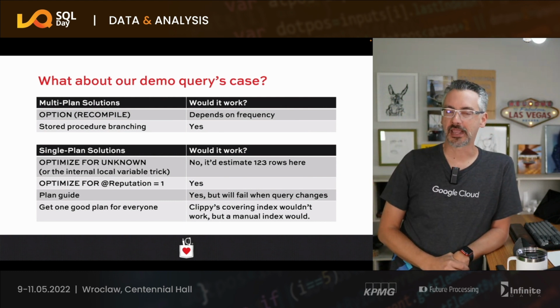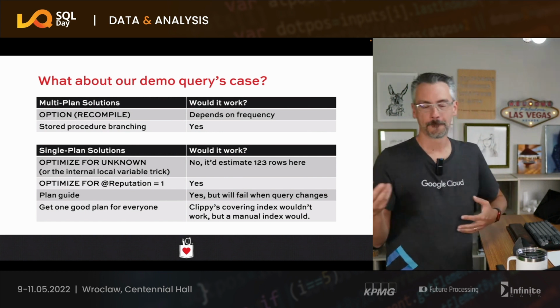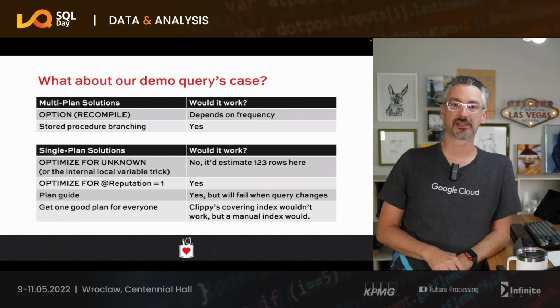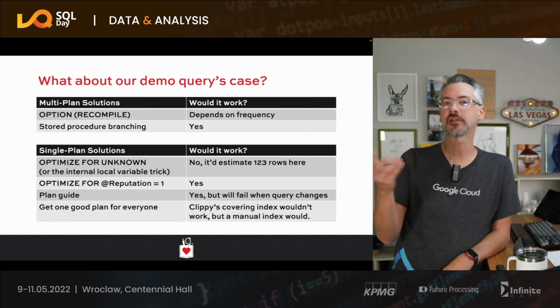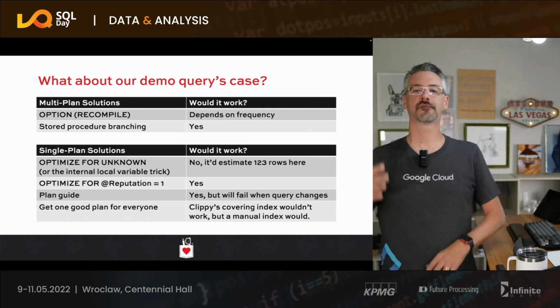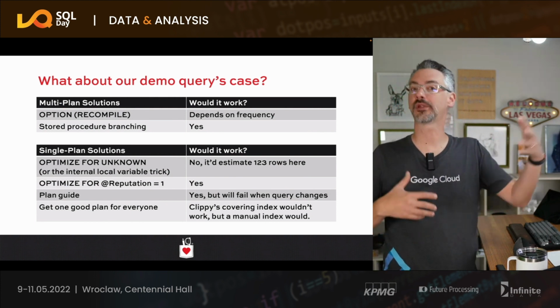And I know a lot of managers and database administrators get all nervous when I say that, but at the end of the day, development time is really expensive, and option recompile is relatively cheap for queries that don't run that often. Personally, I would love to have an option called cost threshold for recompile.